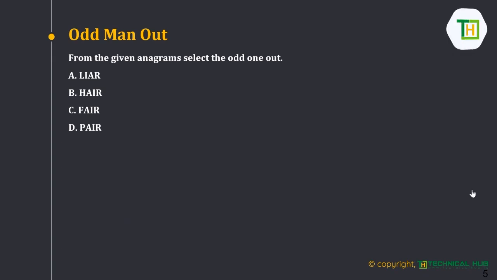If you observe these 4 words, except in the first option, all the remaining are consisting of the word air, which is not present in the first option. So that was the reason why I can say option A is the odd one out: liar, hair, fair, and pair. Even many of the students gave it as layer.